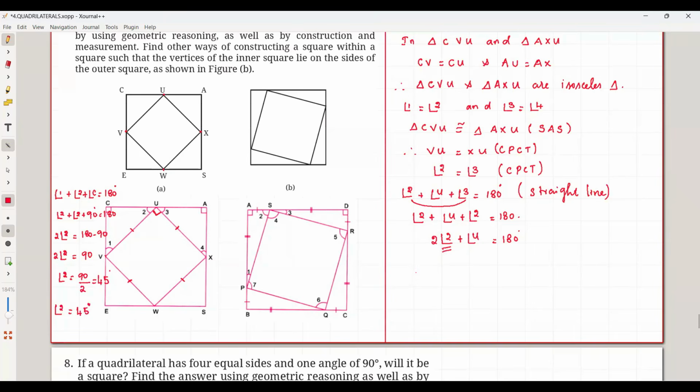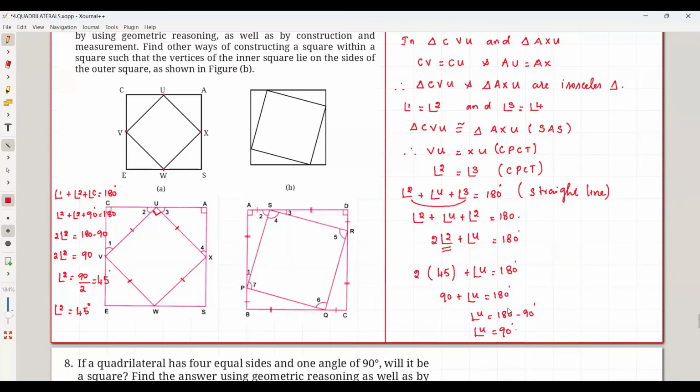So in the place I can just write 2 times angle 2, angle 2 is 45 degree, plus angle U is equal to 180 degree. So 2 times 45 is 90 plus angle U is equal to 180 degree. Angle U is equal to 180 minus 90, which is 90 degree.